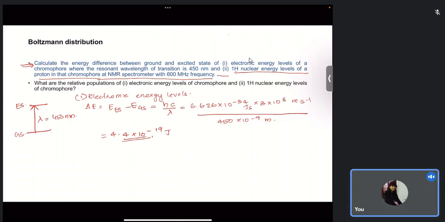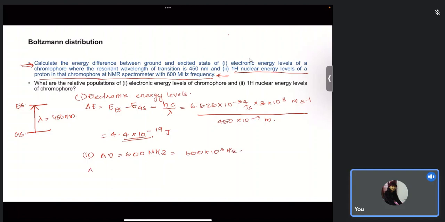The radio frequency applied to excite the nuclear energy levels is 600 megahertz, which means your delta nu is 600 megahertz. 1 megahertz is equal to 10 to the power 6 hertz, so 600 into 10 to the power 6 hertz.